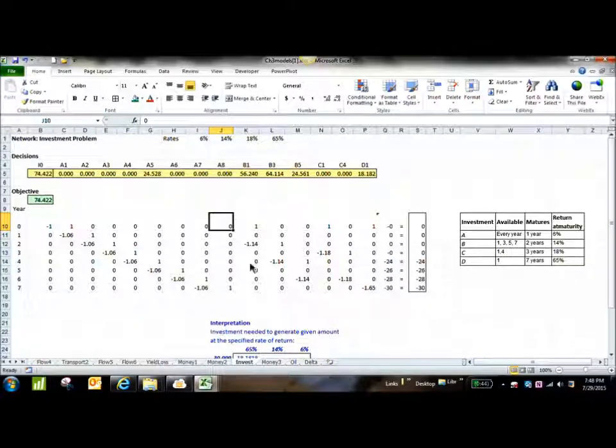And that will pretty much give you the minimum initial investment. That's what you're going after. How much money do I invest? Minimum investment.